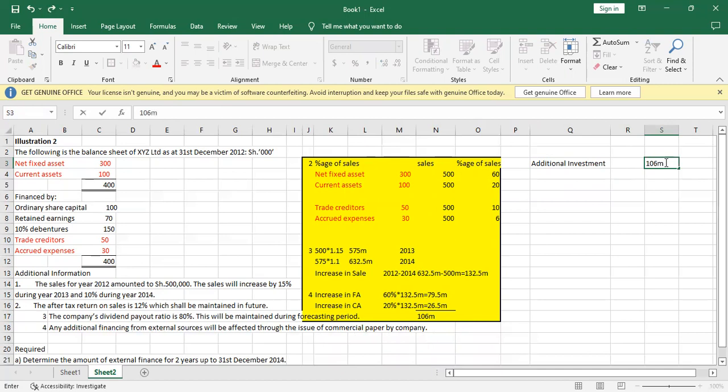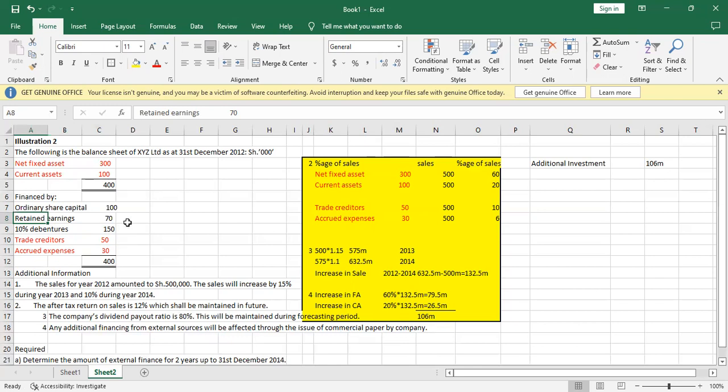So I require 106 million, right? So I want to know, out of this 106, when I meet all my obligations, because we've had an increase in the total creditors and an increase in the expenses, what will be needed to be funded from the retained earnings, because I have them. Are my retained earnings able to cater for the spontaneous need in the additional investment? That's what I'm trying to check.